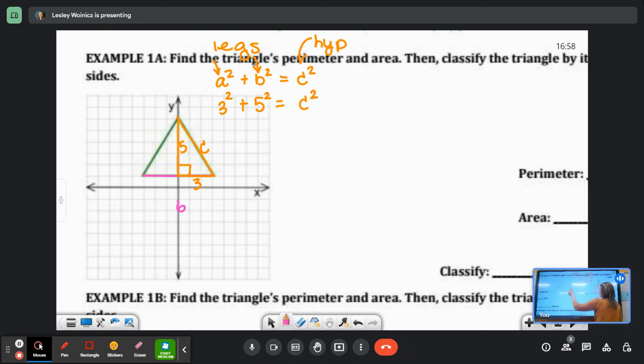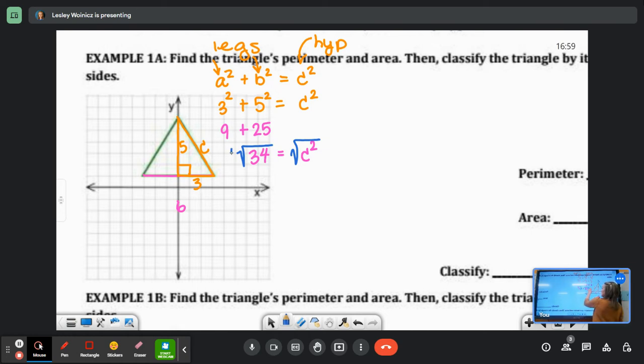So I do know that 3 squared is 9, 5 squared is 25, 9 and 25 make 34. So my c squared is 34. Now I don't want c squared, I just want c. So I'm going to have to take the square root to undo the squaring on both sides. There are 2 solutions to this equation.